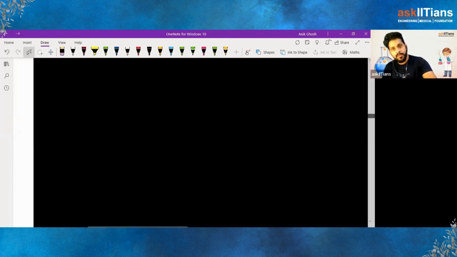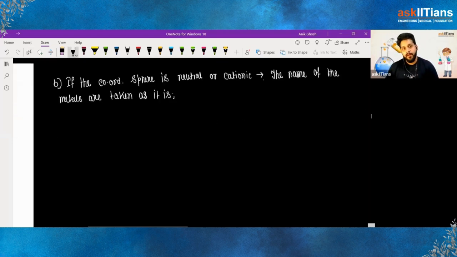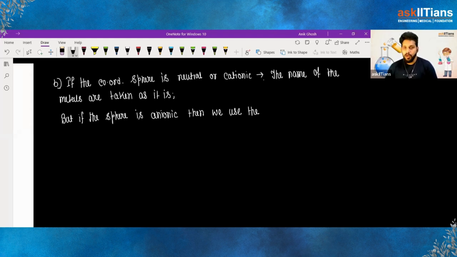That means, guys, you can understand something else is coming for the anionic systems, right? But if the coordination sphere is anionic, then what would happen? Then we use the original name, the way from the origin of the compound.